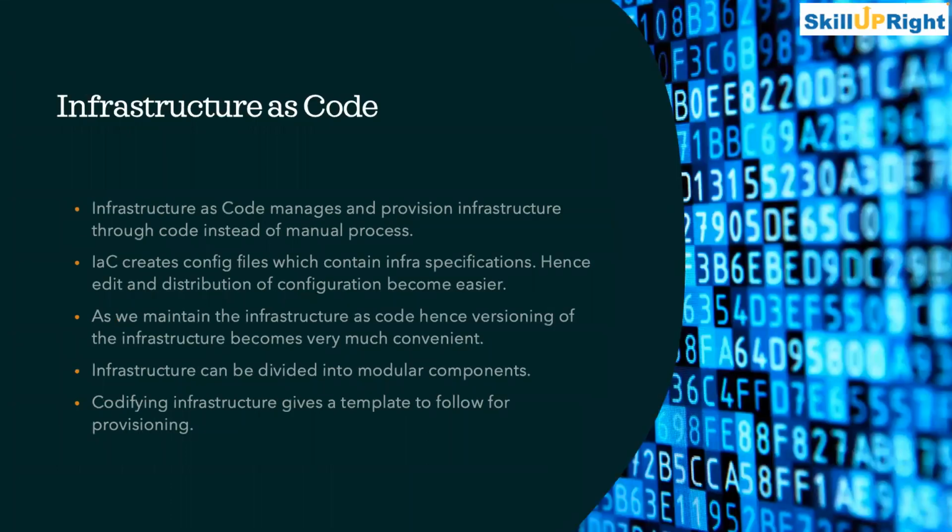So basically, if you go back even 5 or 10 years, if you needed to create an environment, let's say a development environment, a QA environment, a UAT environment, a staging environment or a production environment, what we did was manually go and execute certain steps, or what we call a runbook.